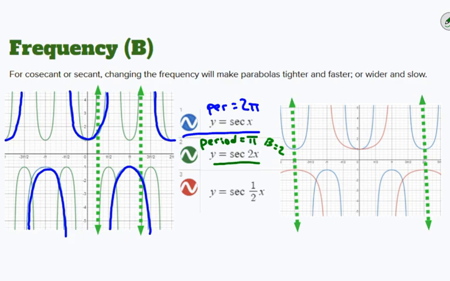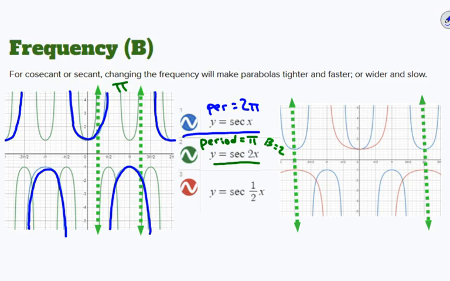This full interval is pi over 4 to 5 pi over 4. This interval here was pi.